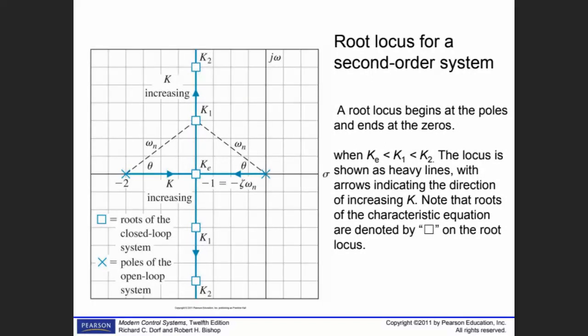Better means for step response, for example, less overshoot. Fast response, that means settling time should be as low as possible. What is sigma here, by the way?